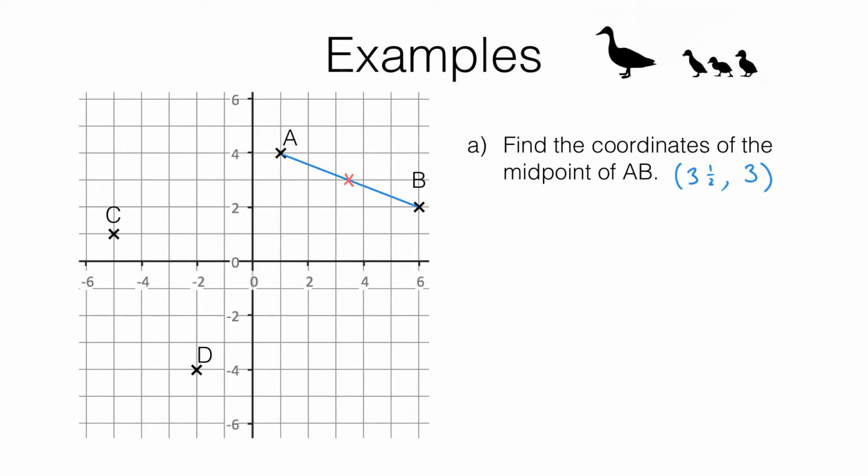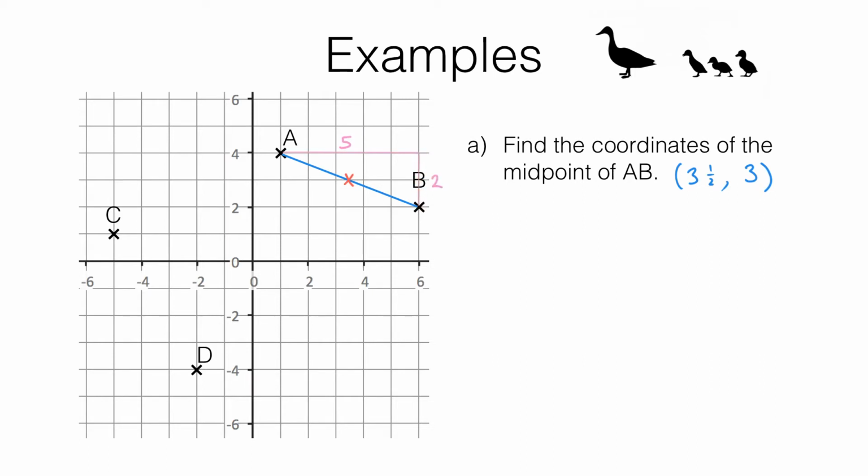Now, if it wasn't obvious just by looking, we can do this using a systematic method. What we can do is count how many squares along and how many squares up or down we need to go from A to B. So starting at A, I need to go 1, 2, 3, 4, 5 squares along and then 2 squares down.